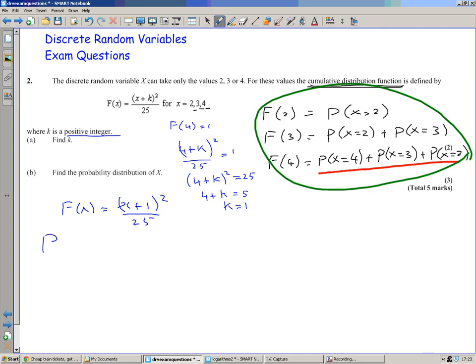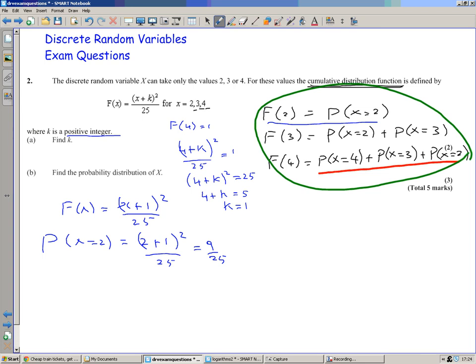So the probability that x equals 2 is what we need to find, because to work out our probability distribution, we need to find the probability of 2, 3 and 4 occurring. But we can use this to work out the probability that x is equal to 2 just by putting 2 into there. So that's (2 plus 1) squared over 25, which is 9 over 25.